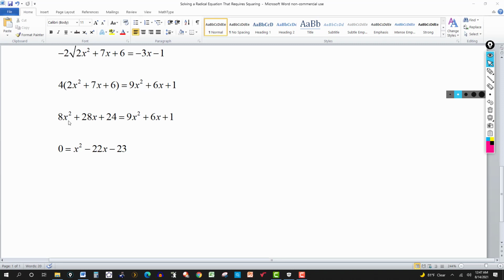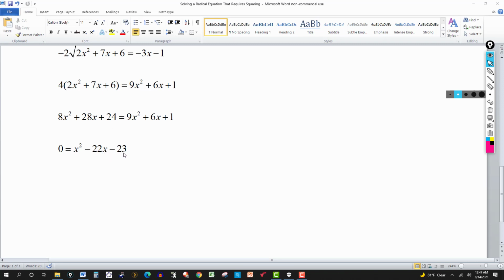And then I'm just taking these over. I try to simplify this. So the 8x squared goes over, becomes a minus 8x squared. That's how I get this x squared. Minus 8x squared and 9x squared. Take the 28x over, becomes a minus 28x and a 6x. That's how I get the negative 22x. Then bring the 24 over, that's minus 24, and the 1 is a negative 23.